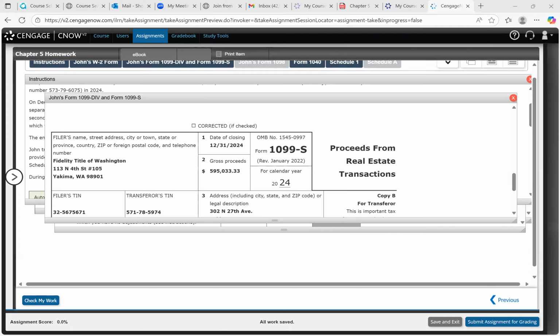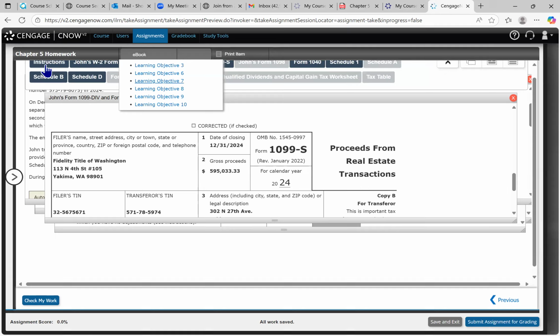It will be here, the sale of the primary residence. We will show that on a Schedule D, long-term. We show it was acquired October 1st of 2014. We sold it on December 30th, 2024. And we will show the amount it was sold for was $595,033. Now, where I'm getting that information is right here, $595,033.